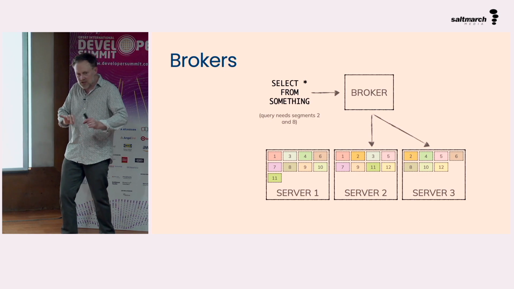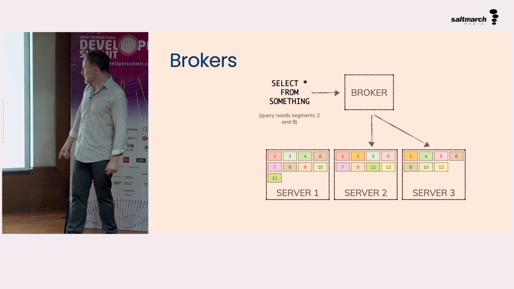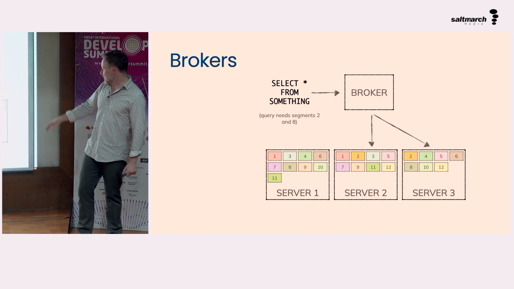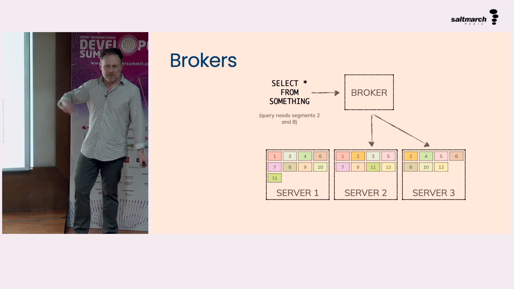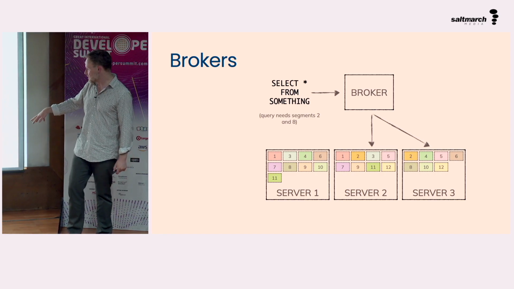Maybe there's some Kafka partition things I know that I'll try to use. I need segments 2 and 8, so I'm going to talk to those 2 servers and scatter the query to those.